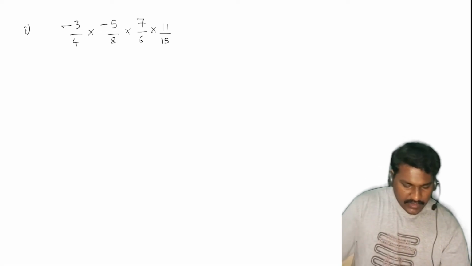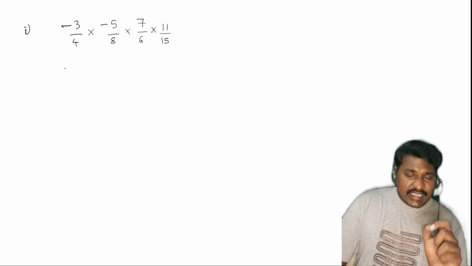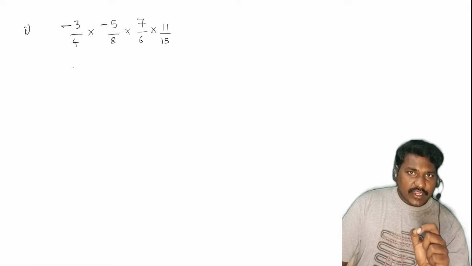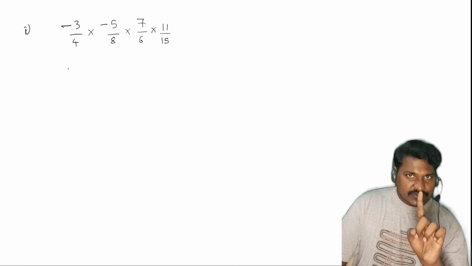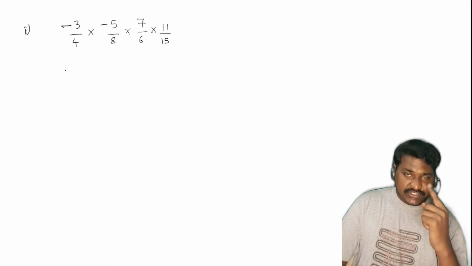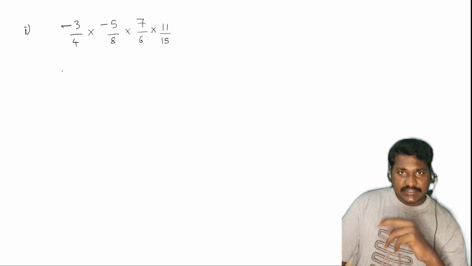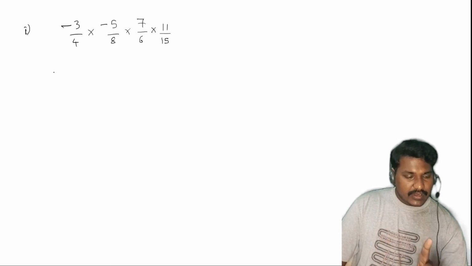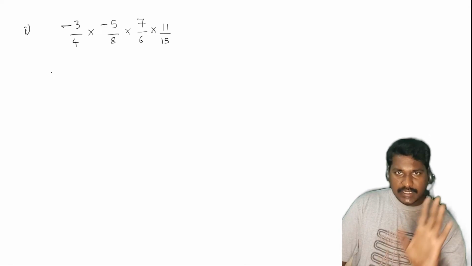Now see here, it is very clear that all the fractions are under multiplication. So kindly observe which operation is being asked in the question. Check whether it is plus, minus, multiplication or division. Here all the fractions are under multiplication.